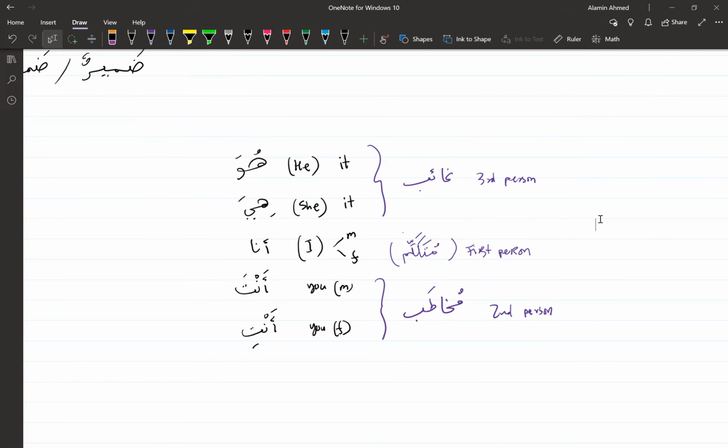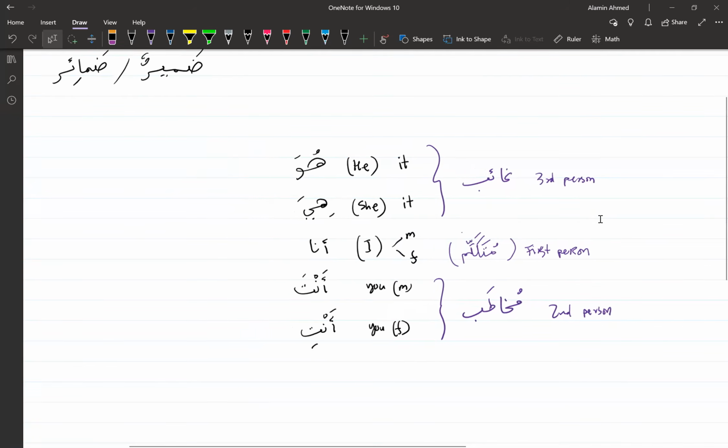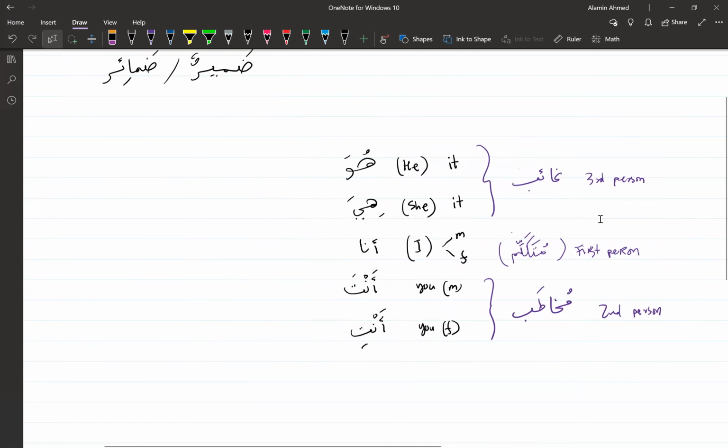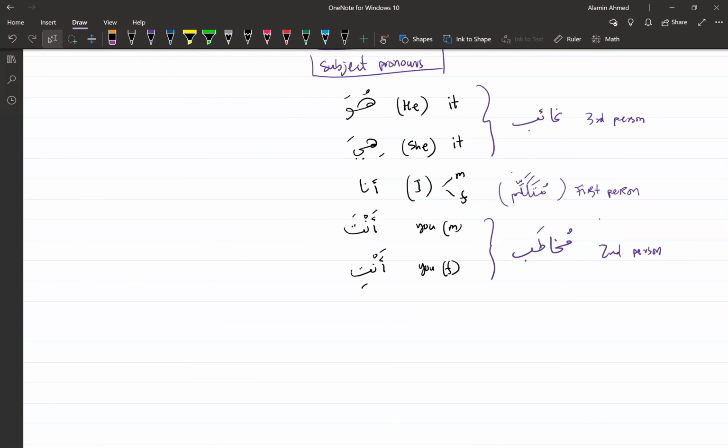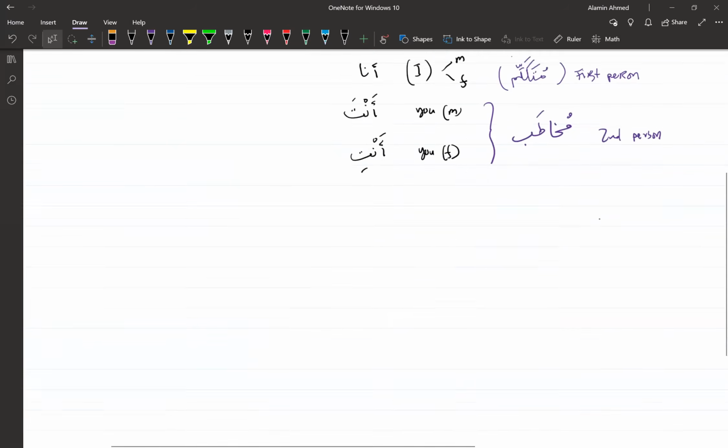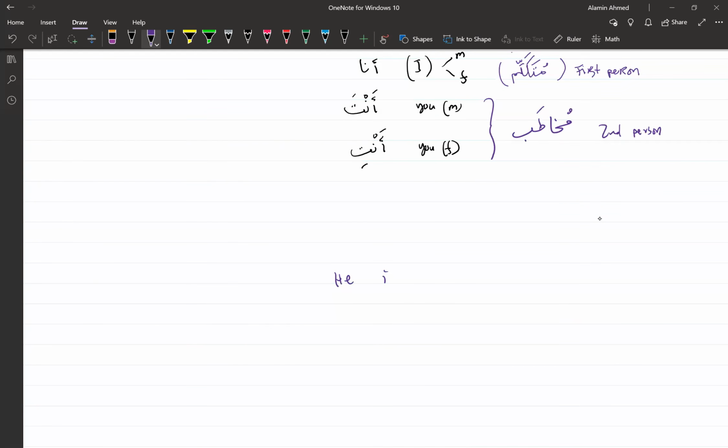Okay, now there's one more thing you should know, that these pronouns are your subject pronouns. Do you understand what a subject pronoun is? A subject pronoun is when you use these pronouns as the subject of the sentence, right? For example, you say, he is a student.